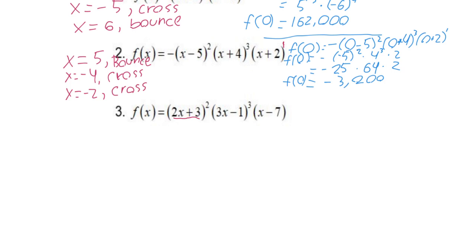Here it doesn't change much. We're still going to have our 2x plus 3 must equal 0. If 2x plus 3 is 0, first we're going to subtract 3 from both sides, then divide by 2. X is equal to negative 3 over 2. We have there an even exponent, so that's going to be a bounce.